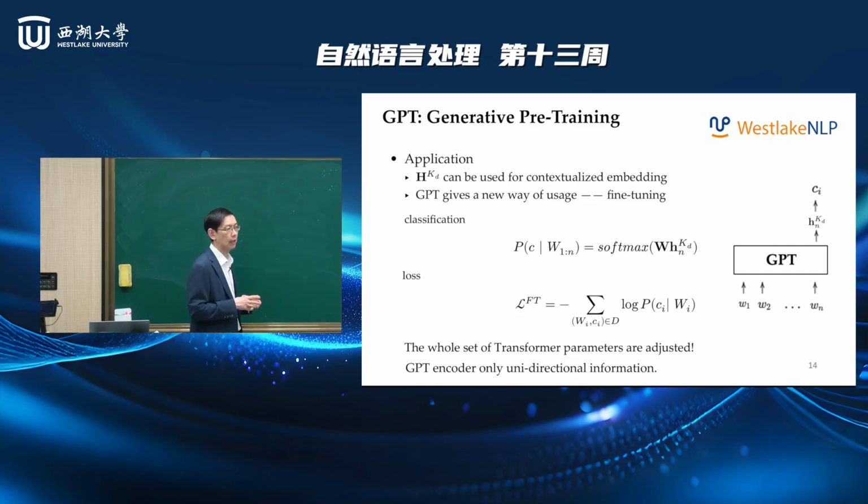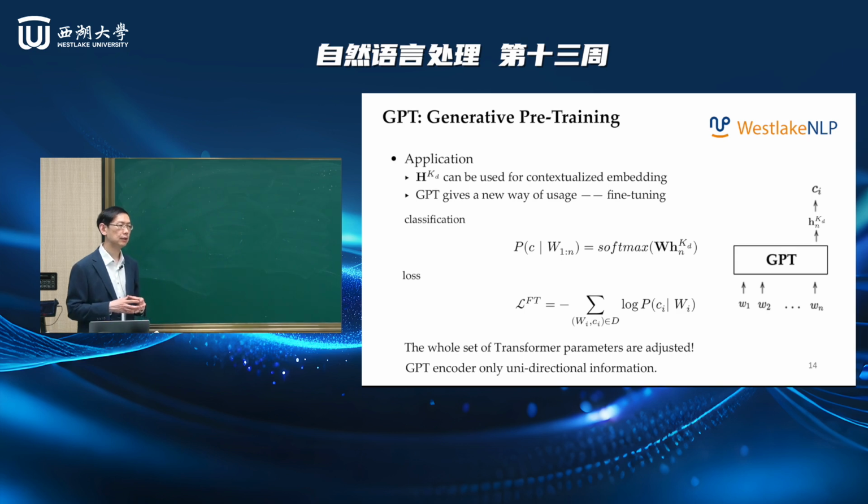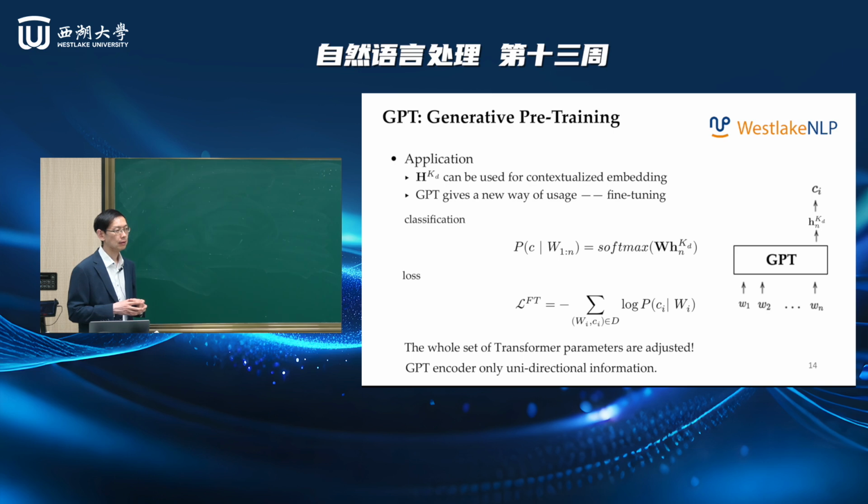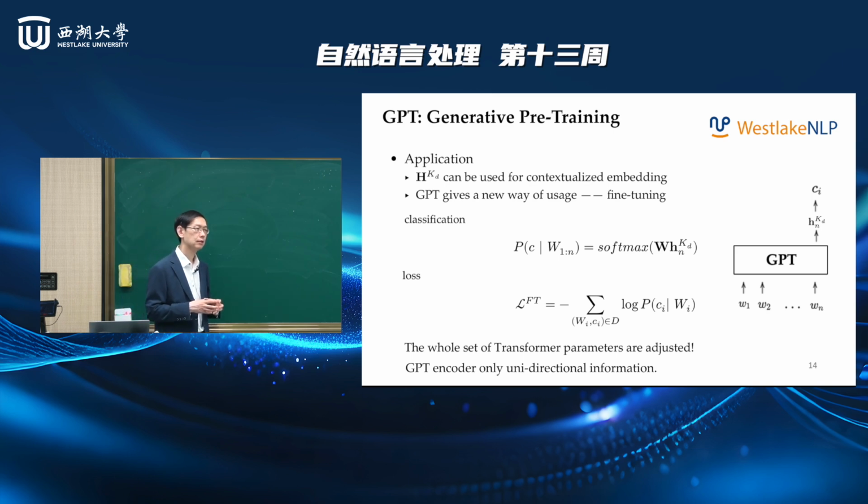The last token has a hidden layer, and you use the hidden representation of the last token, connecting it with a softmax neuron to predict the class label. And then when you train this classifier, you fine-tune not only your output layer, which is randomly initialized, but also the whole GPT, which is pre-trained.